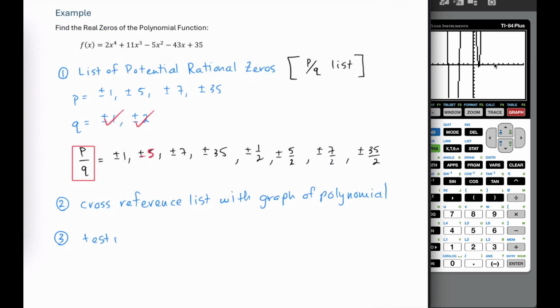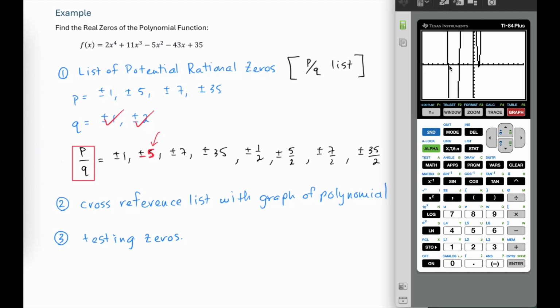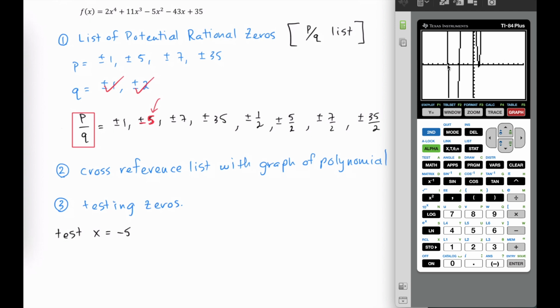So now we're going to begin testing for zeros, using only good candidates that are both in the list of potential rational zeros, but also appear to be x-intercepts on the graph. So we'll start with testing x is equal to -5. If x is equal to -5 is a zero, then that means x plus 5 will be a factor of our original polynomial f of x.